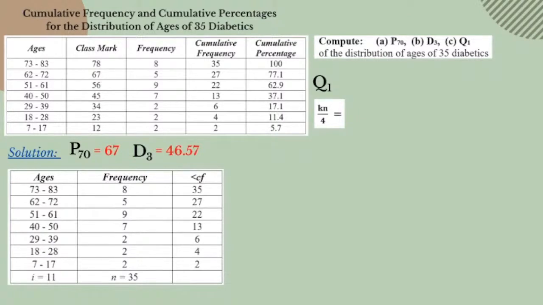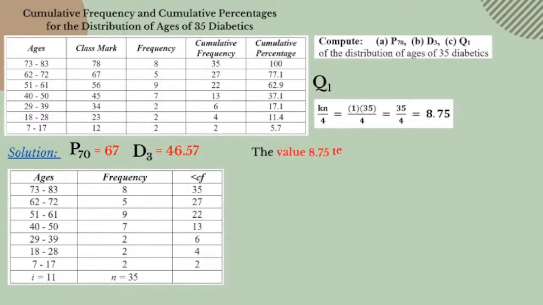Compute first kn over 4 in order to determine the class interval containing the lower quartile or the Q sub 1. Kn over 4 is equal to 1 times 35 all over 4. That will give you an answer of 35 divided by 4 equals 8.75.